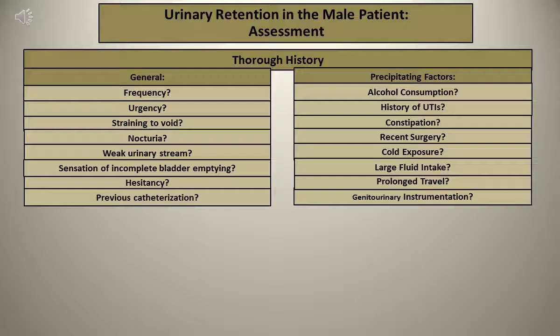The history may also include previous episodes of catheterization. The healthcare provider should inquire about precipitating factors, including alcohol consumption, recent surgeries, a UTI, genitourinary instrumentation, constipation, large fluid intakes, exposure to cold, or prolonged travel.